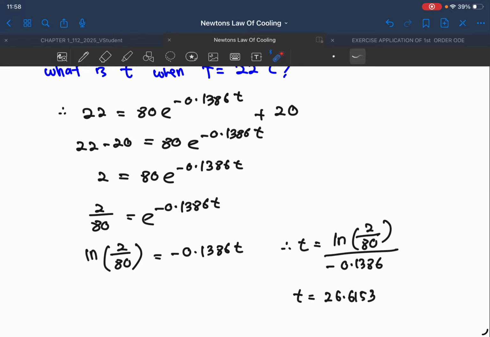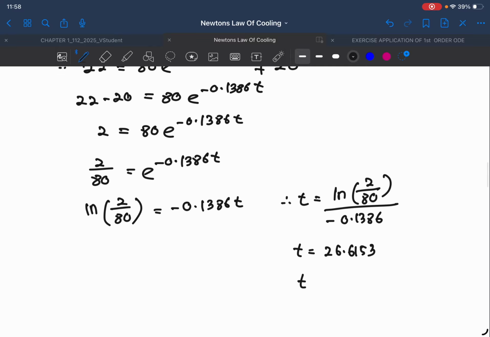For this one, you can also take 4 decimal places, or you can take t is equal to 26.62. Don't forget to write the unit here, because the time represents the minutes, so we write in terms of minutes. So both answers will be accepted.